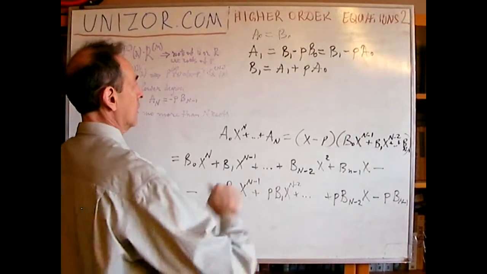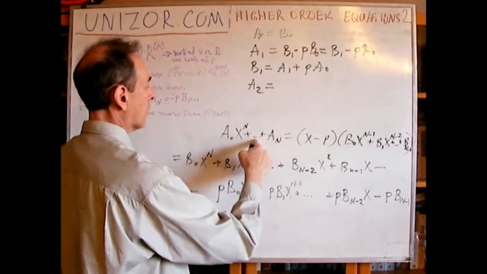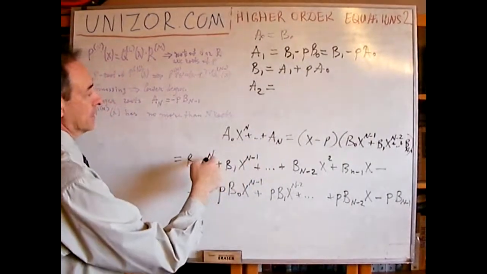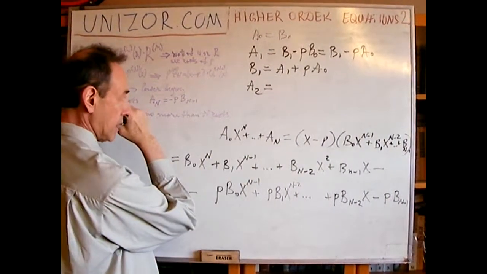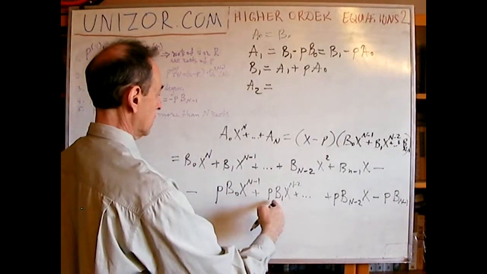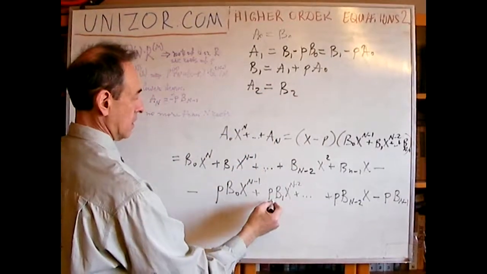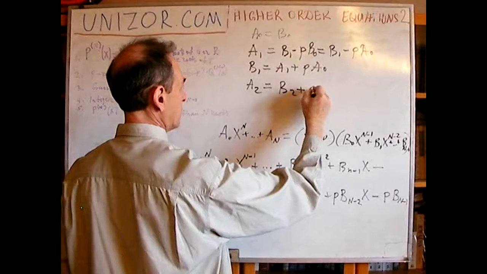Next, a2, this is the coefficient at x to the power n minus 2. n minus 2 is next to this one. It would be b2, which is here, plus p b1.